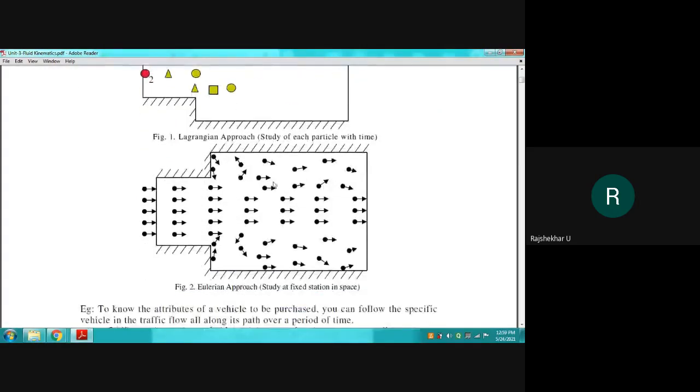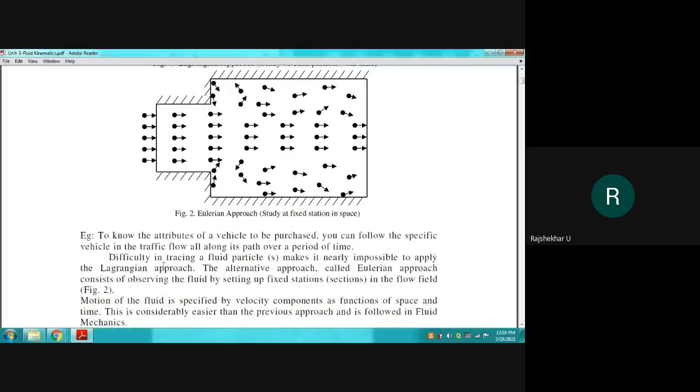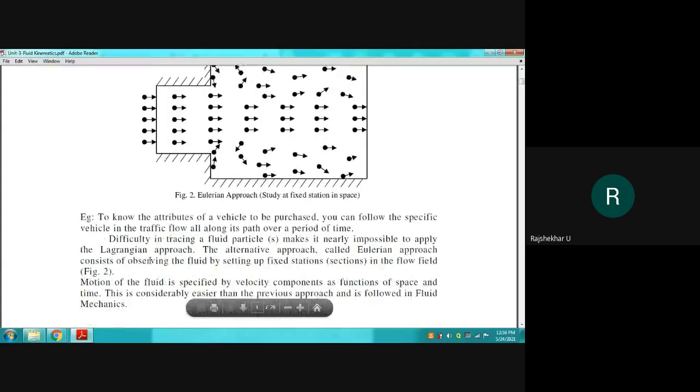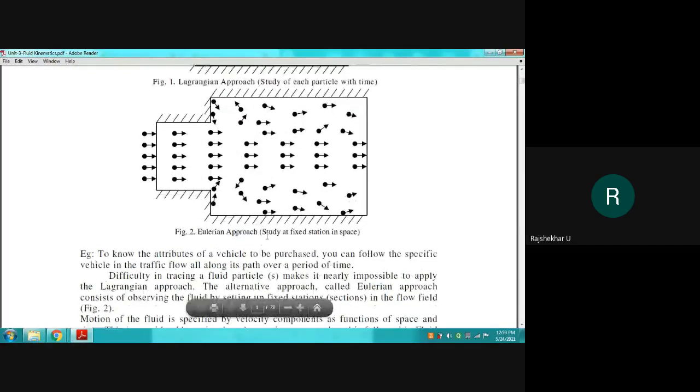So see here, in the case of the Eulerian approach, you can see this is the Eulerian approach, a study at a fixed station in space. We can take a cut section at the entry, in the middle, or at the end, at a fixed place or fixed space.